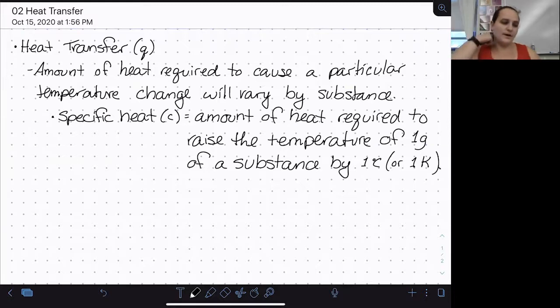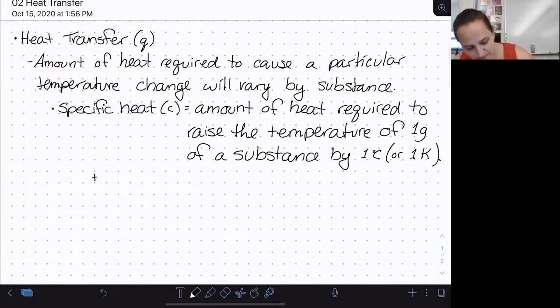When you're talking about temperature change, degrees Celsius and Kelvin can actually be used interchangeably because the size of 1 degree Celsius is the same as the size of 1 Kelvin. So if something increases by 1 degree Celsius, it's also increased by 1 Kelvin. If it decreases by 27.2 degrees Celsius, it also decreases by 27.2 Kelvin.